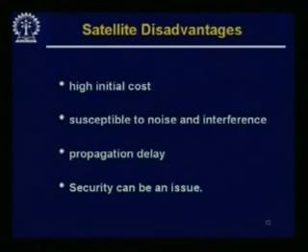Then there is propagation delay. This is actually a significant disadvantage compared to terrestrial communication, because for many satellites, especially the geostationary satellites, and we will come back to this point later on, the geostationary satellites are thousands of miles above Earth.